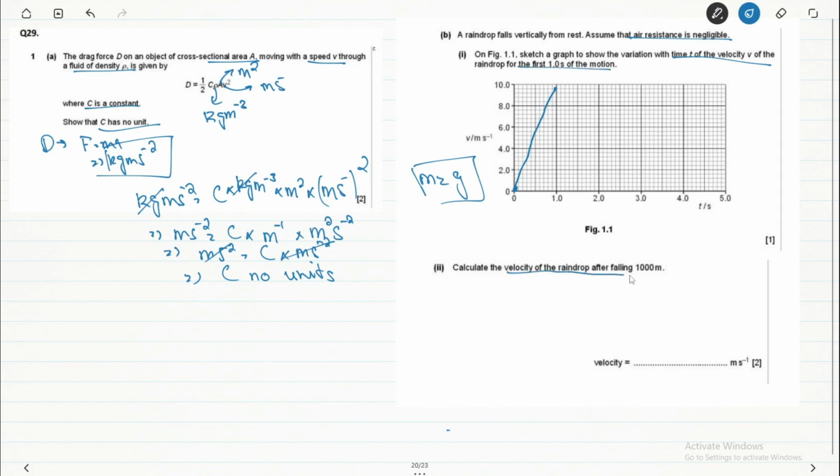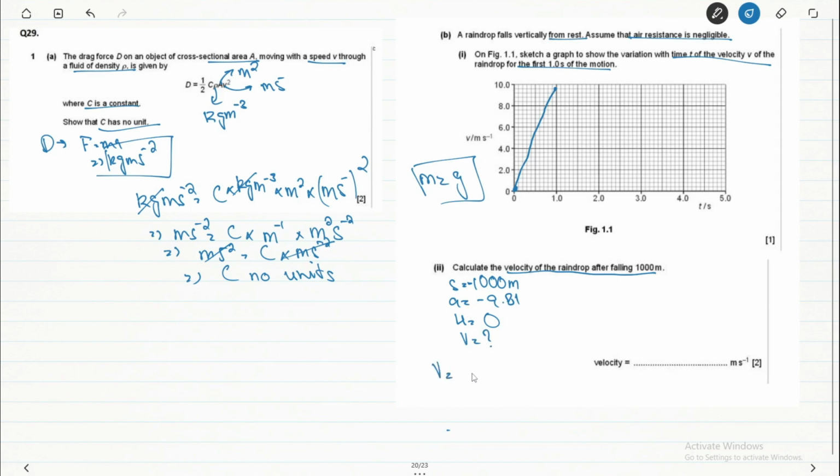Calculate the velocity of the raindrop after 1000 meters. So again, write everything that you have: 1000 meters, and this would be negative because it's going downwards. Acceleration is negative 9.81. U is equal to 0, since it falls vertically from rest, and V is what we need to find. So V squared is equal to U squared plus 2as.